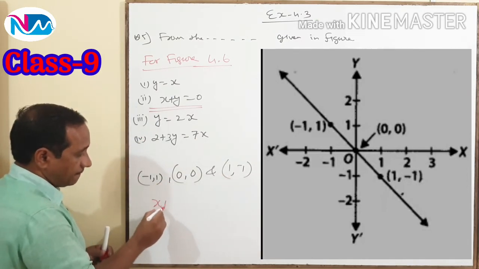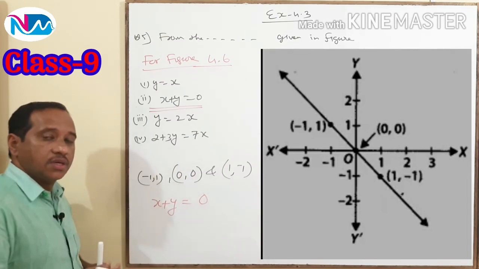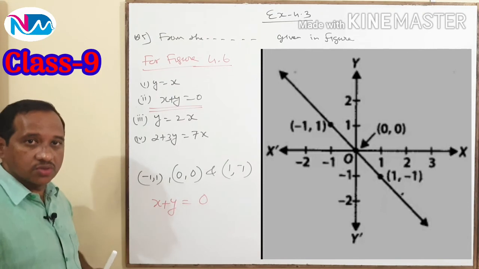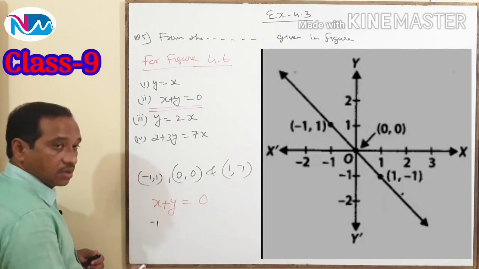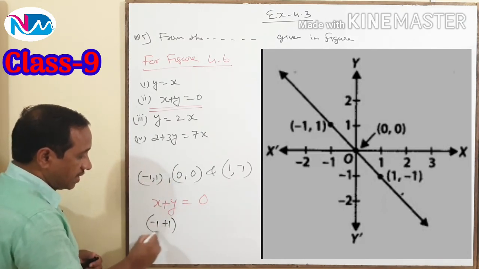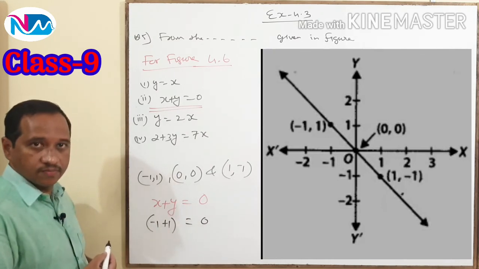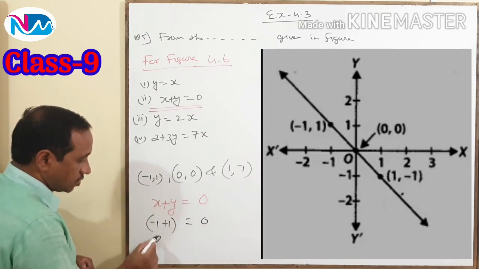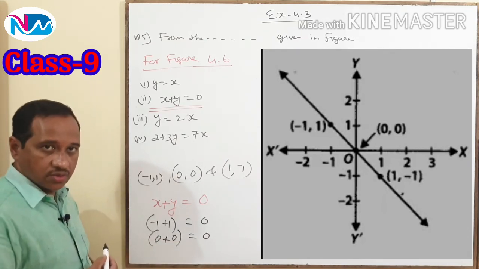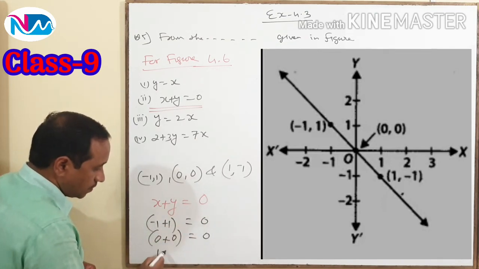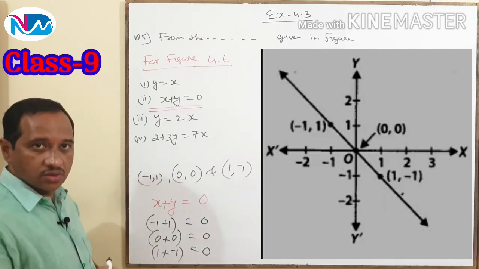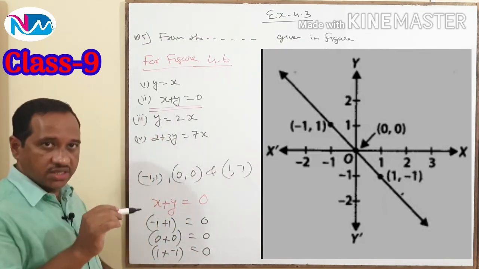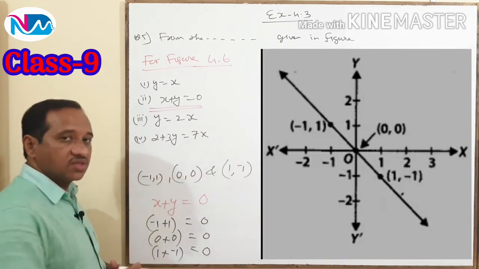That is, if you take x plus y is equal to 0 and replace x with minus 1 and y with 1, minus 1 plus 1 is equal to 0. Or if you replace x with 0, y also with 0, 0 plus 0 is also equal to 0. And similarly here, if you replace x with 1 and y with minus 1, then also you get 0. So this is the only equation which is satisfied by all the 3 points.